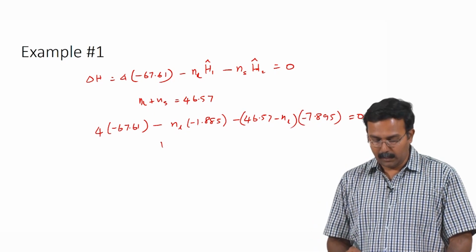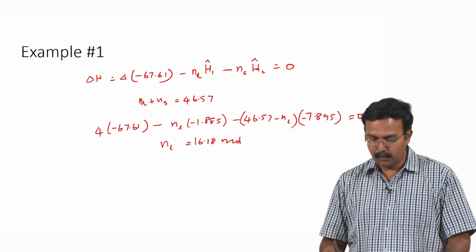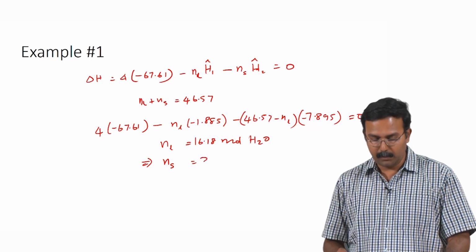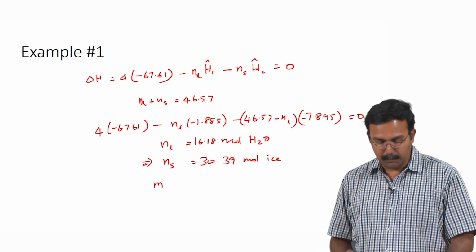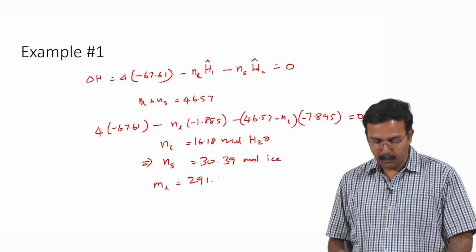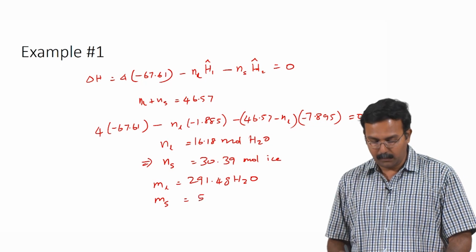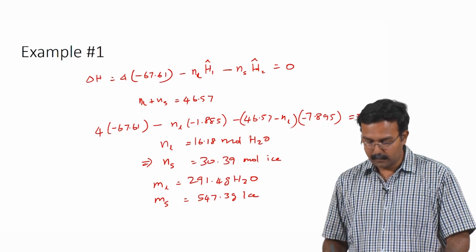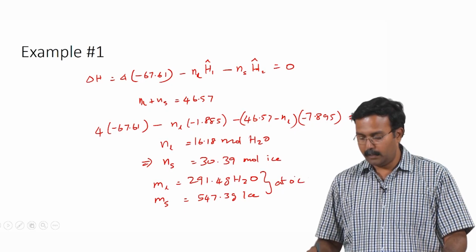So, from here we can calculate NL as 16.18 moles of water and therefore, NS would be equal to 30.39 moles of ice. So, mass of liquid water would be 291.4 grams of water and mass of ice would be 547.3 grams of ice. So, both would be at 0 degree Celsius.